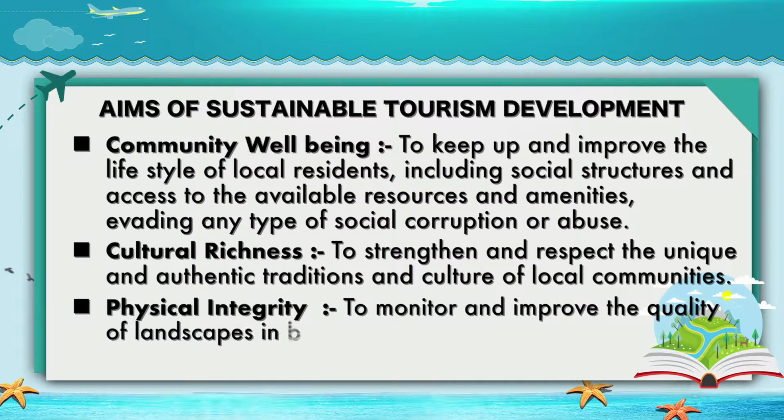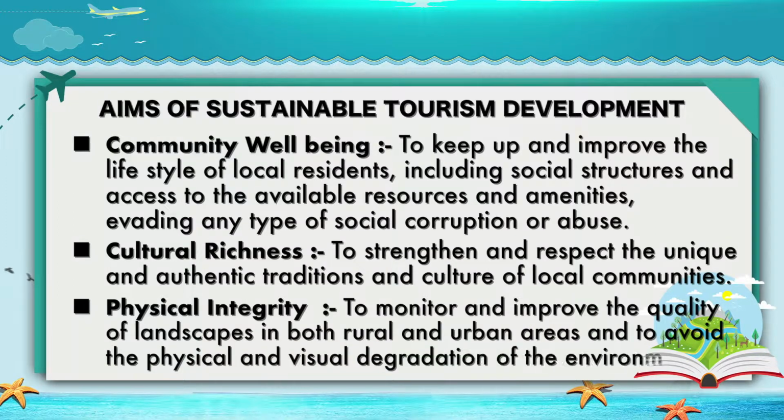Physical integrity: to monitor and improve the quality of landscapes in both rural and urban areas to avoid the physical and visual degradation of the environment. Biological diversity: to support the conservation of natural areas, flora and fauna and limit harm to them.